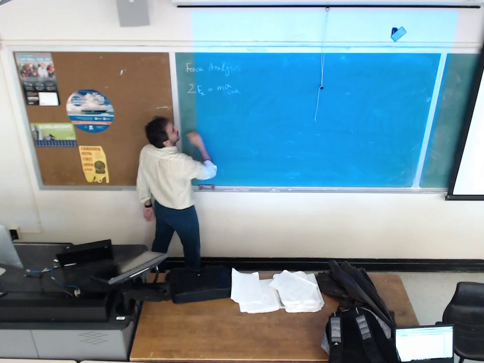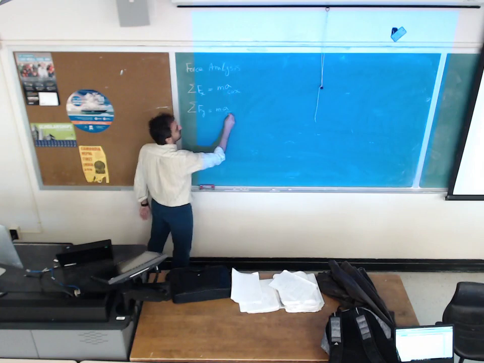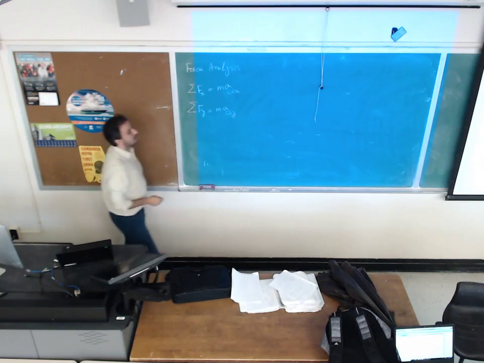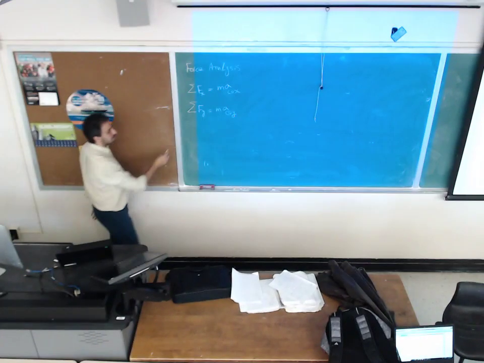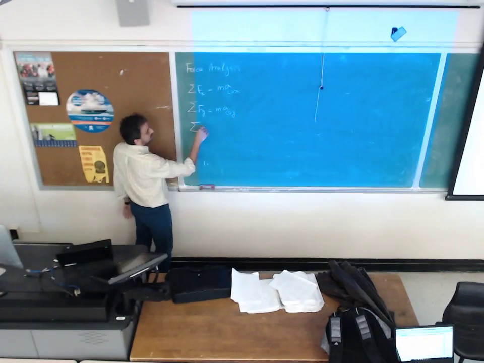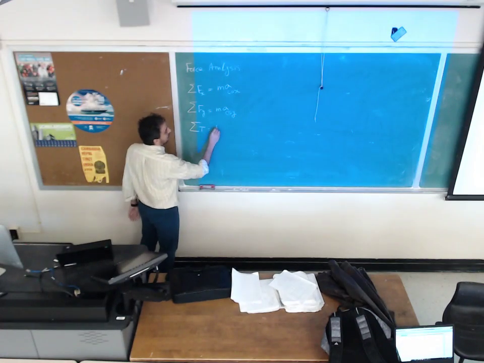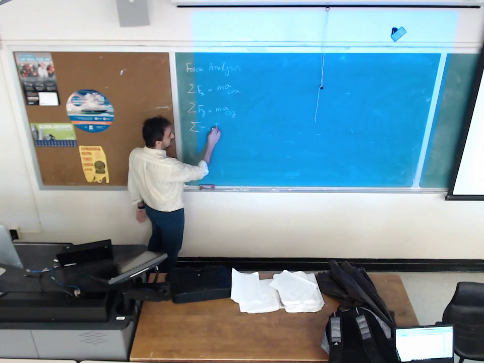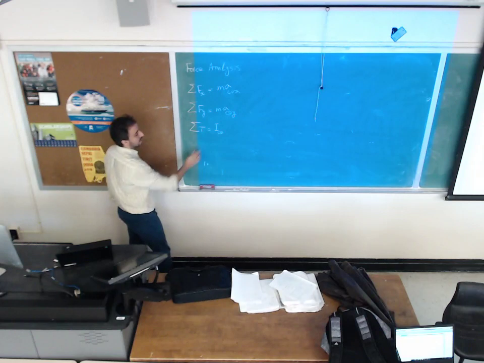Same in Y direction. And summation of the torque applied to the rigid body should be equal to I, the mass moment of inertia with respect to the center of gravity axis, multiplied by alpha, the angular acceleration of the rigid body.